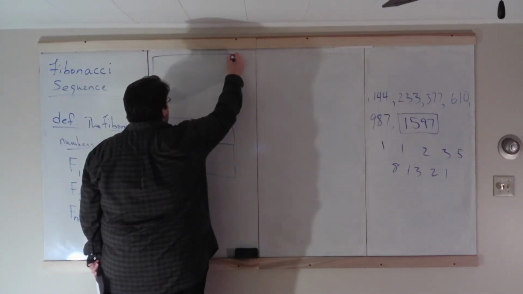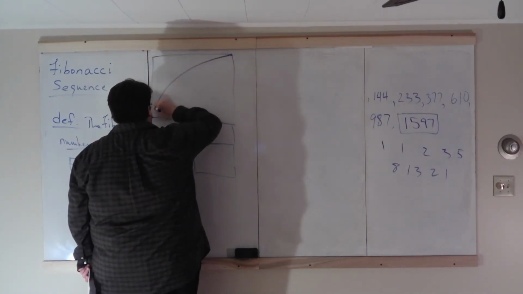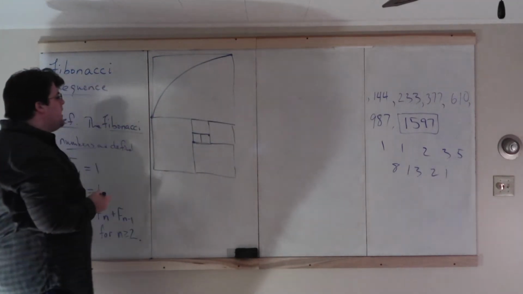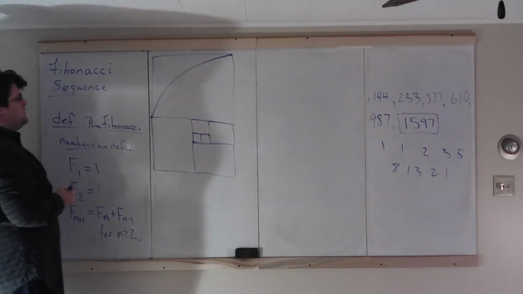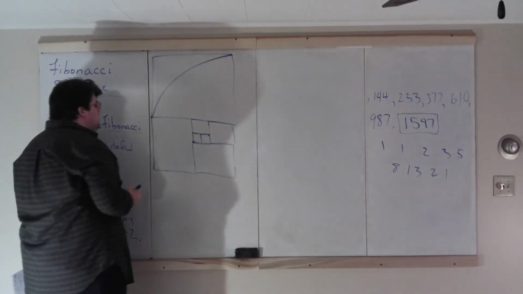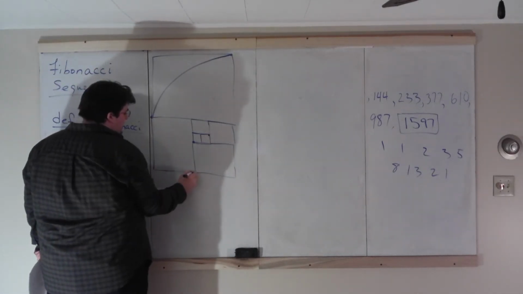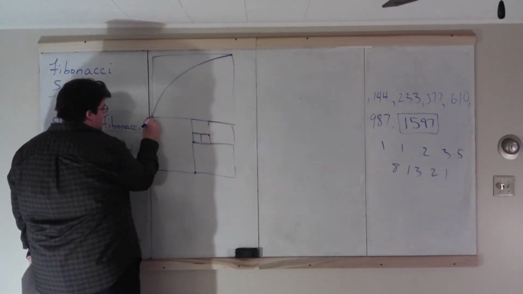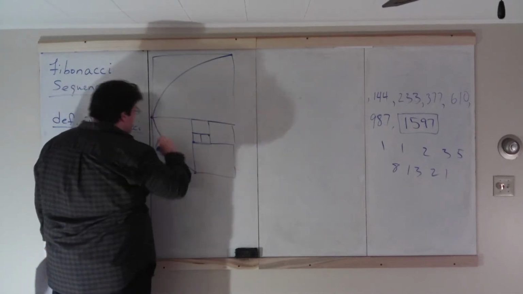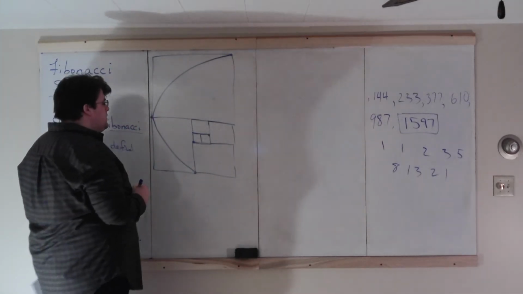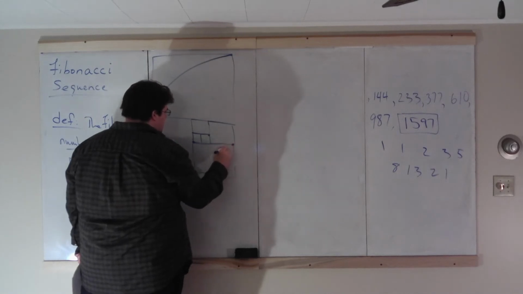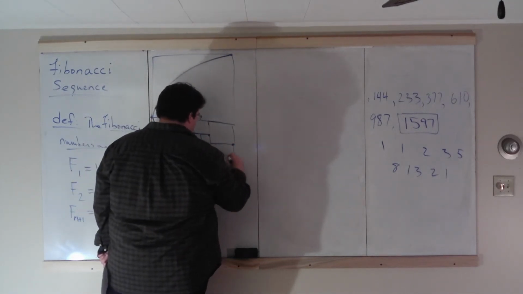And we're going to start at the largest square we drew. We're going to make an arc like that. We're going to keep going diagonally across the next square. Make an arc like that. Diagonally across the next square. An arc like that.